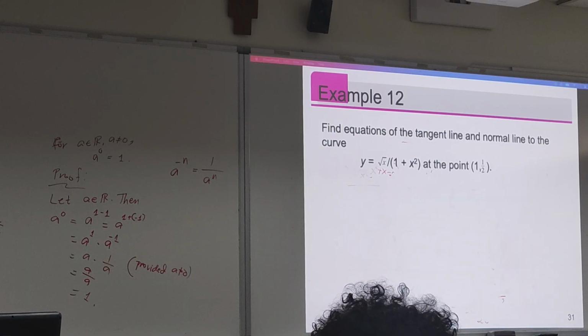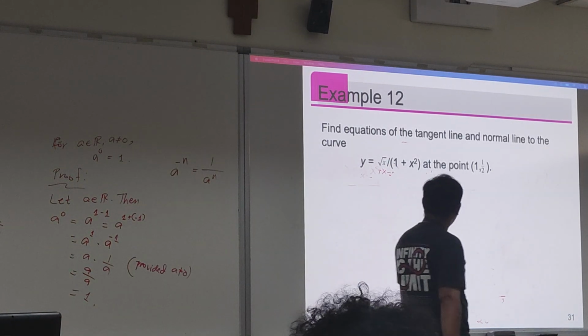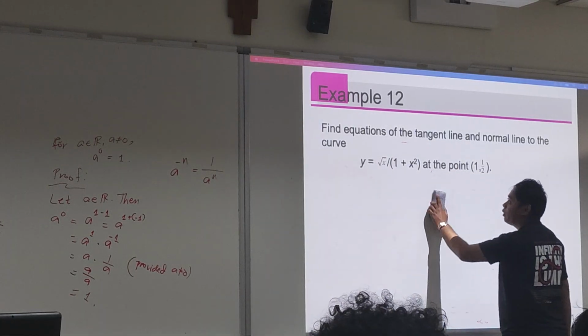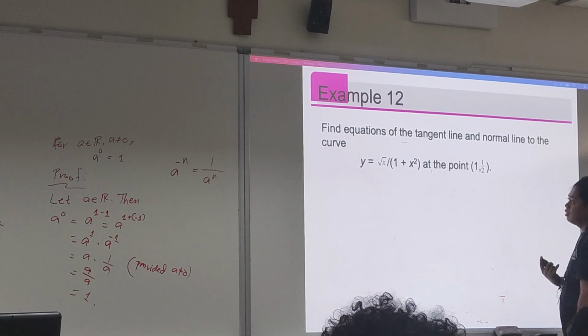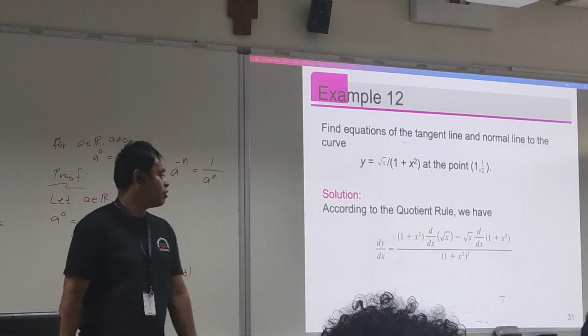Okay, let's have an example on this one. Find equations of the tangent line and the normal line to the curve y is equal to the square root of x all over 1 plus x squared at the point 1 and 1/2. So again, our goal is to find equations of your tangent line. According to the quotient rule, so what's the quotient rule?